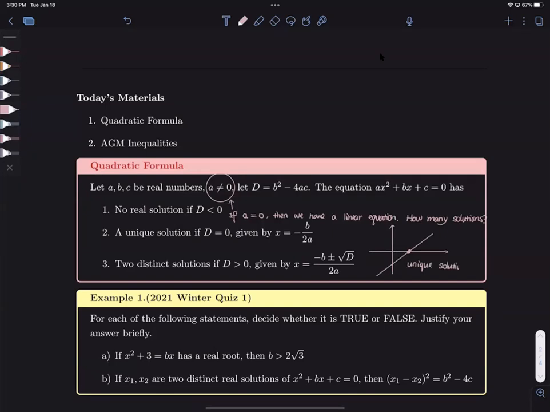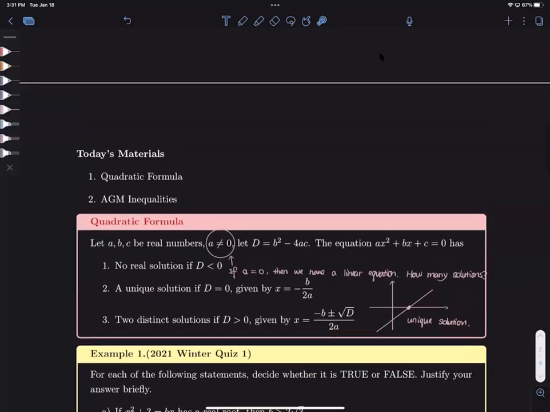This is why I wanna emphasize this, because you know that for a quadratic equation, you can have 0, 1, or 2 solutions. When we have 1, it could also be a linear equation. So they can set up a trap for you. I can think of 2 different traps they can set for you just based on A cannot be 0. So I'm gonna write them down.